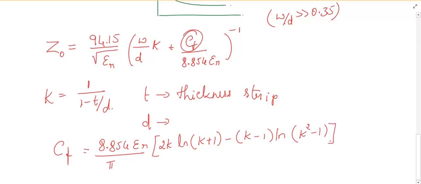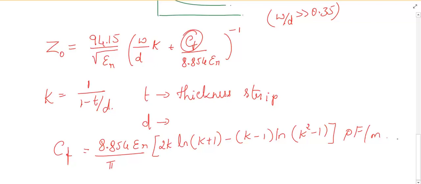Yeah, this is the equation that you have to remember. It's 8.854 epsilon r divided by pi into 2k ln of k plus 1 minus k minus 1 ln of k square minus 1 picofarad per meter. So this is the fringe capacitance given.